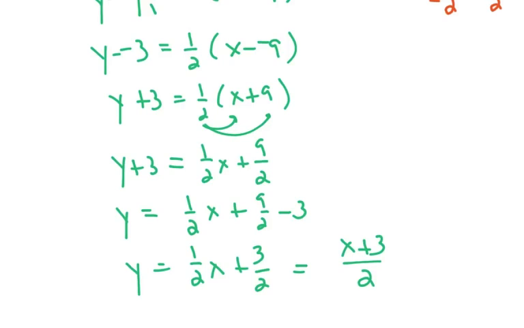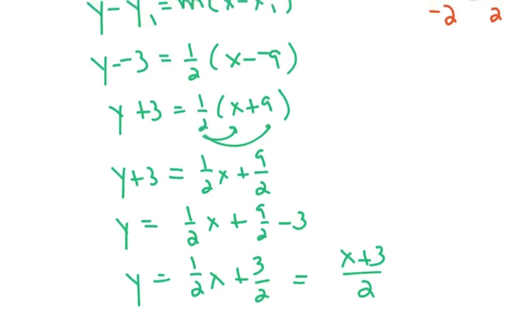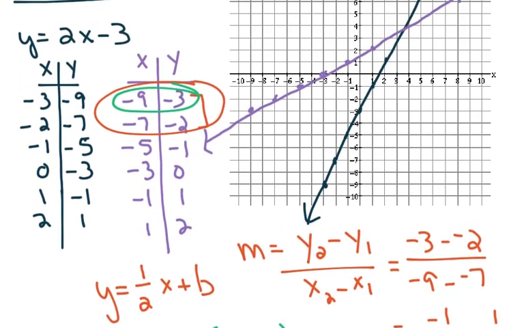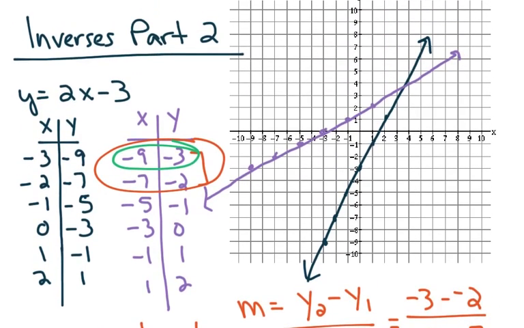Now, that was a lot of work. Is there another way that I could have found out that the equation of the inverse was (x plus 3)/2? Yes, there is. Here's the algebraic way of doing it. You could have switched the input and output. Because remember, an inverse occurs when you take the ordered pairs and switch them. So x becomes y, y becomes x.